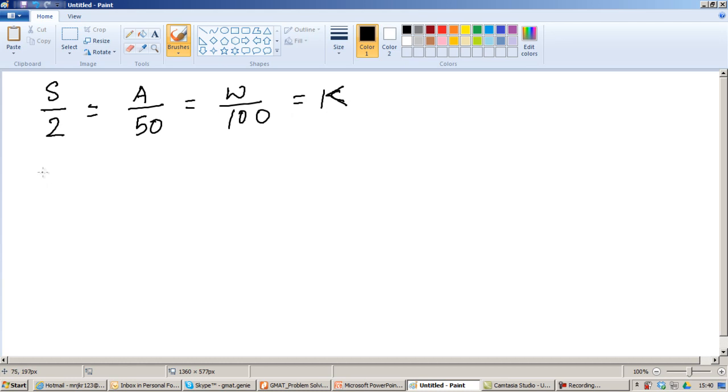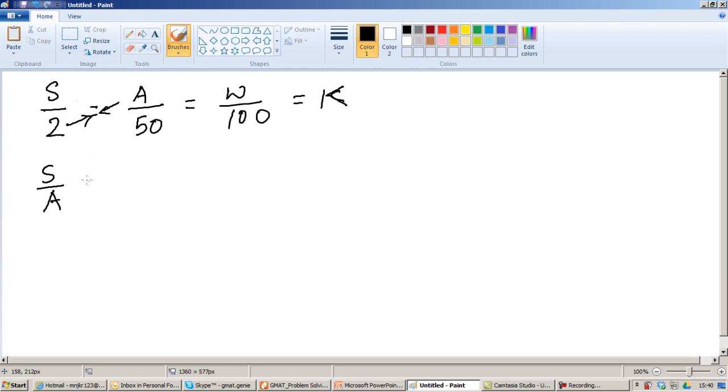Now if you have to write it the way the problem was given, soap to alcohol was 2:50. So alcohol will come to the left-hand side and 2 will go to the right-hand side.